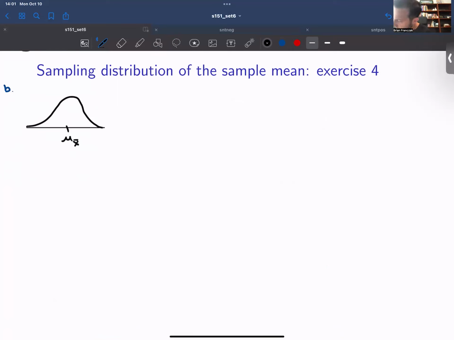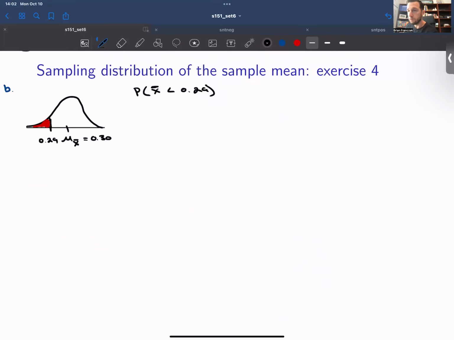So this value here is mu X bar, which is equal to 0.3. All right, we're asking, what is the probability that X bar is less than 0.29? So if we mark down roughly where 0.29 is, we block this off, we're looking for this here. So the question that we're actually asking here is, what is the probability that X bar is less than 0.29?